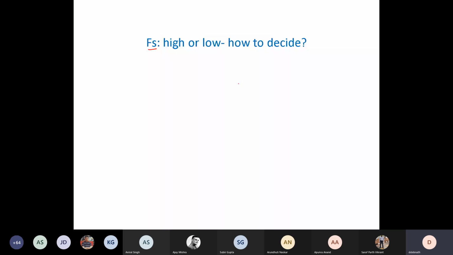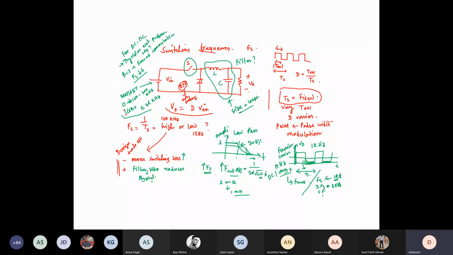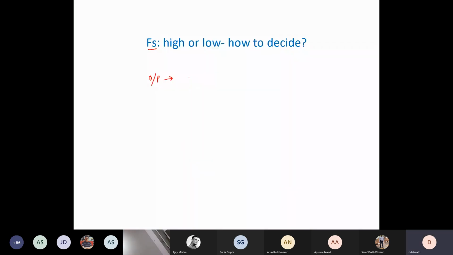So in the last class, one of the key points that we discussed was how to select switching frequency. The summary was that if we increase the switching frequency, then in any power electronic converter, at the output we'll have the desired frequency component plus some undesired component.